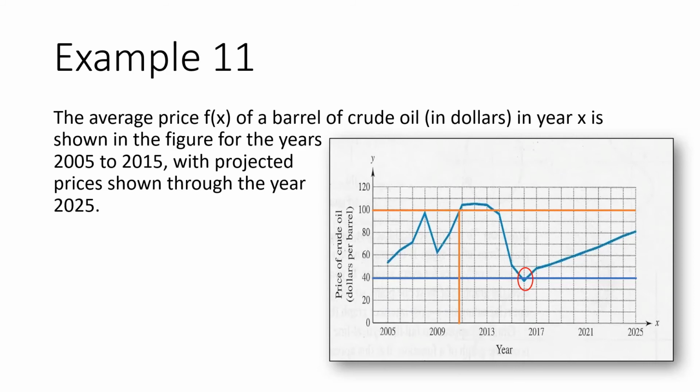The first intersection point is here just before 2011, so toward the end of 2010, and then the graph drops back below 100 about midway through 2013. So we could say from late 2010 to midway through 2013, the price of oil was above $100 per barrel.